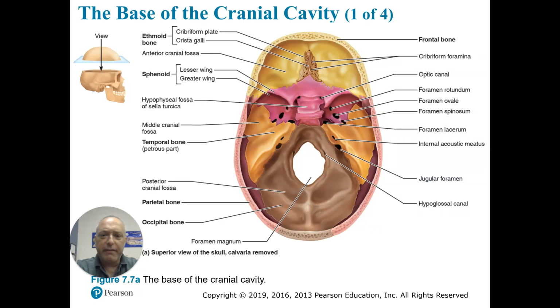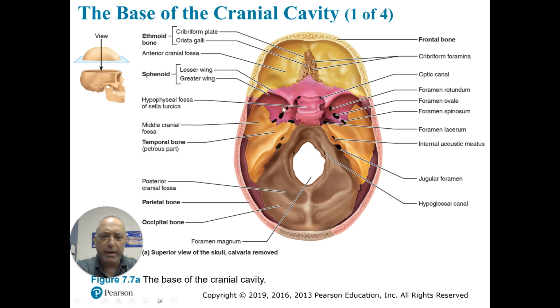Okay, the base of the cranial cavity, we can see anteriorly the ethmoid bone, which is made up of the cribriform plate, the crista galli, and the cribriform foramina. Then posterior to the ethmoid is the sphenoid bone.